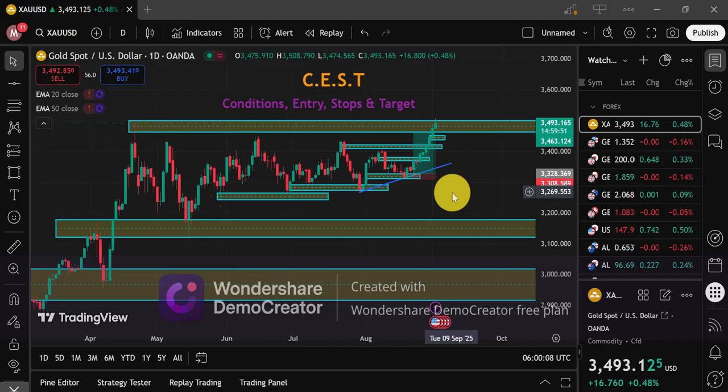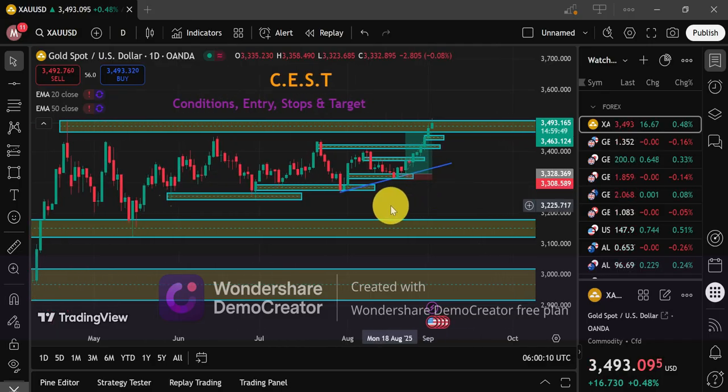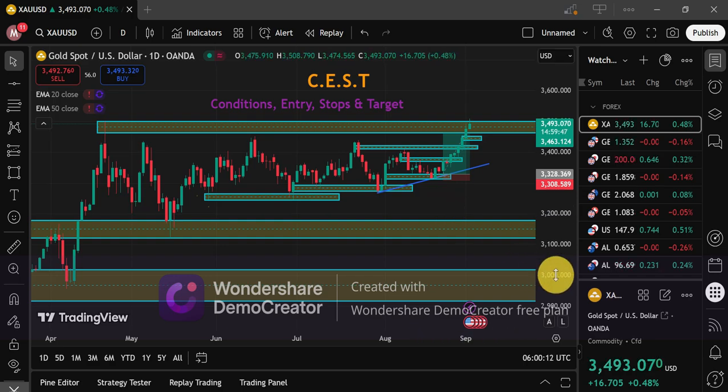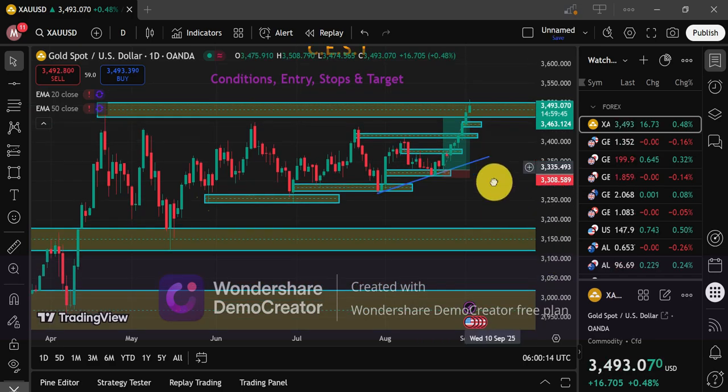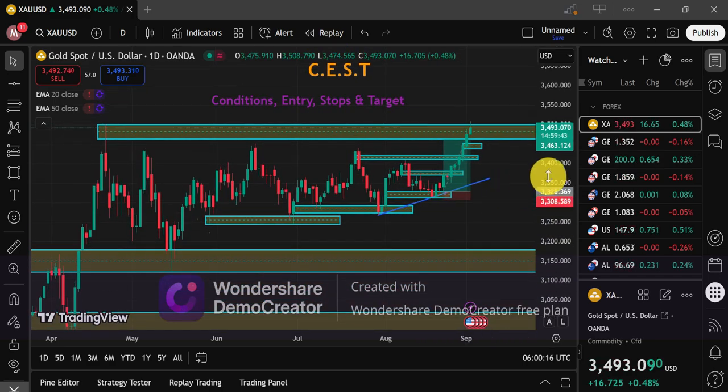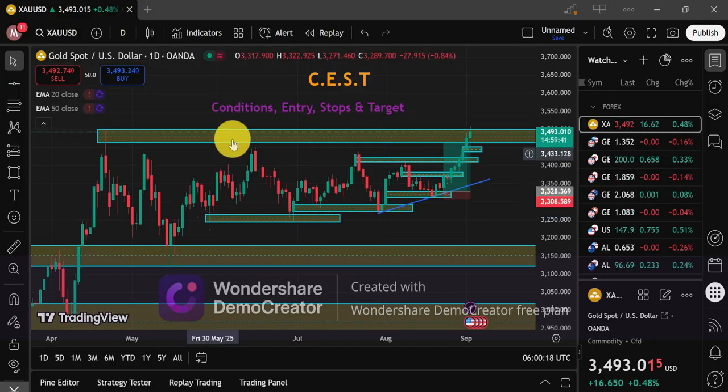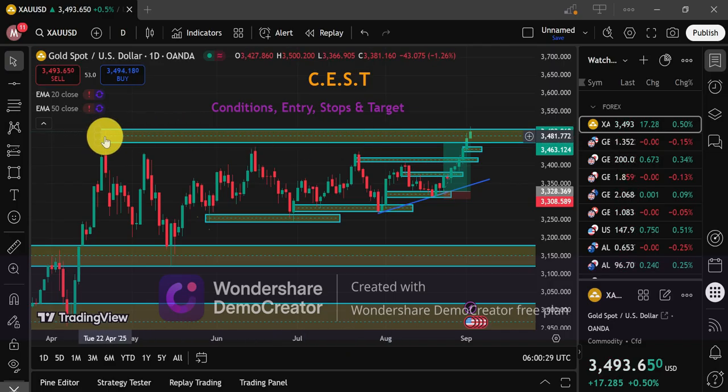Now, this is the daily time frame. I like to start my analysis from the weekly time frame if it's the beginning of the week, or the daily time frame. Most times, like you can see, this is your weekly resistance zone. Or if you zoom out on this rejection here, you have this area as your supply zone.